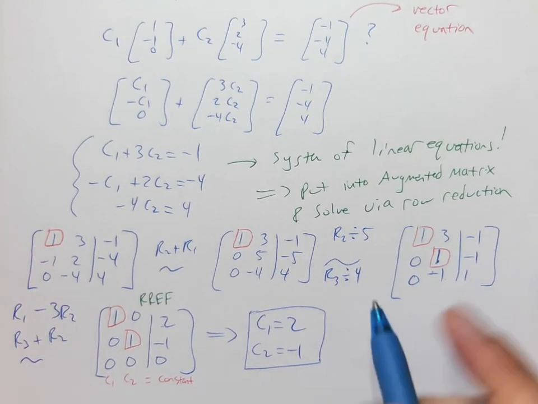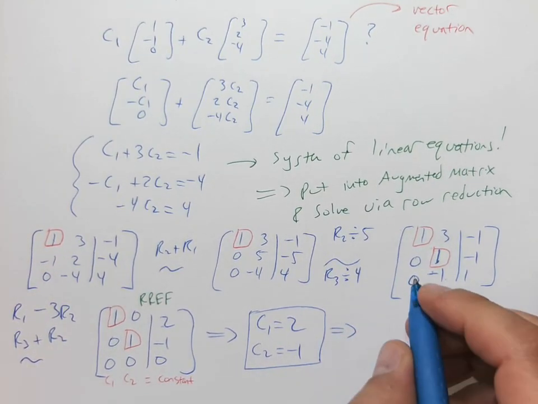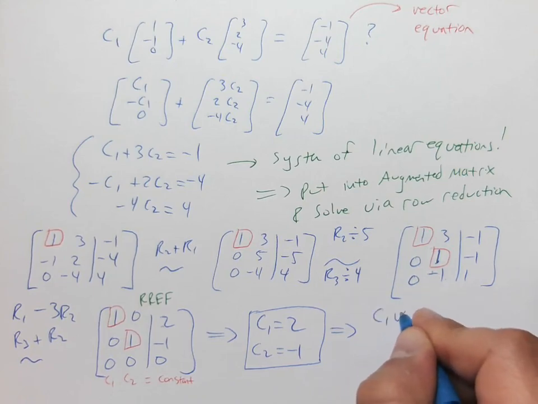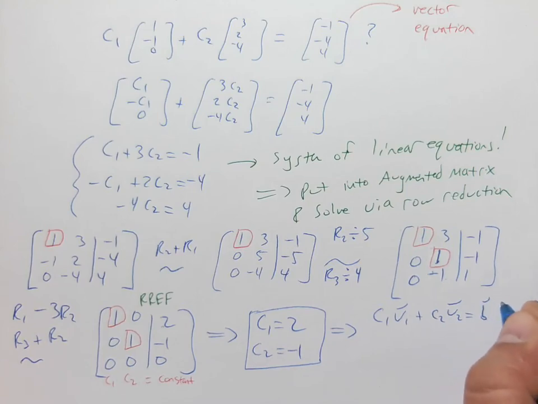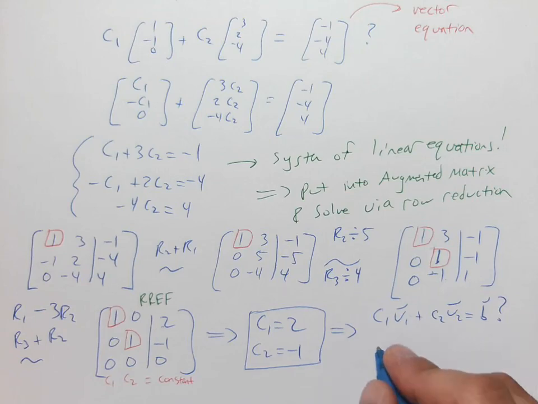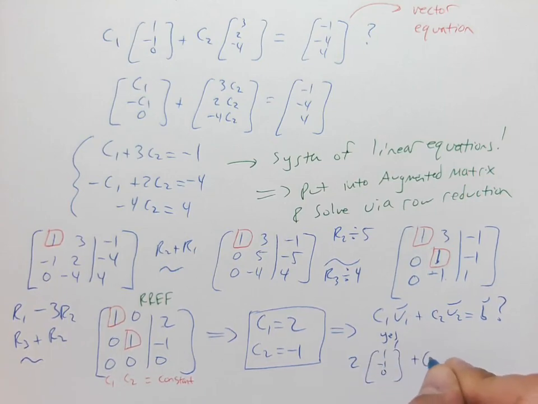Right? So just to be very clear, what we just found out is that we were trying to figure out this equation: does some linear combination of V1, V2 equal B? And what we just found is that yes, in fact, 2 times V1 plus minus 1 times V2 does in fact equal the B that we were hoping for.